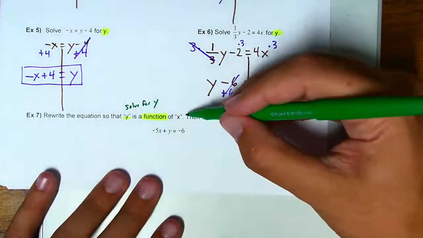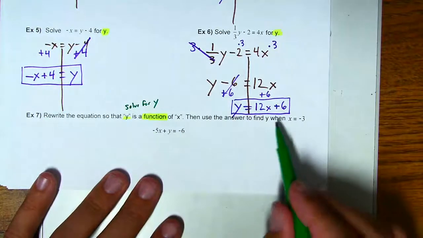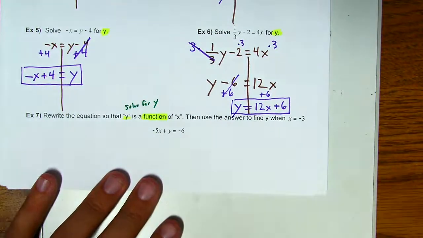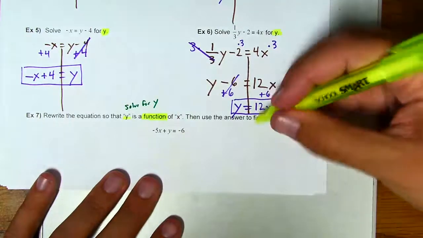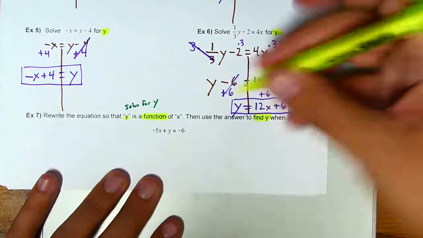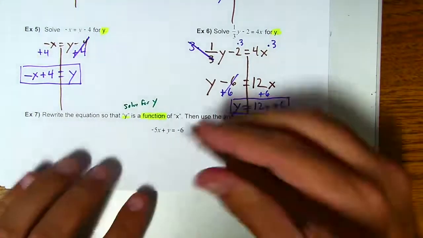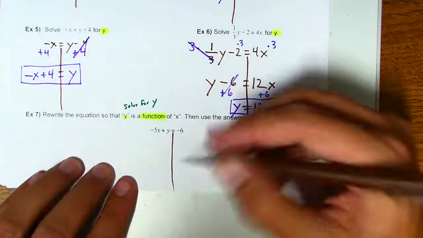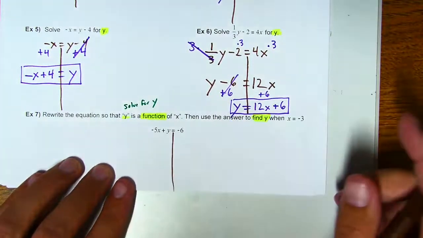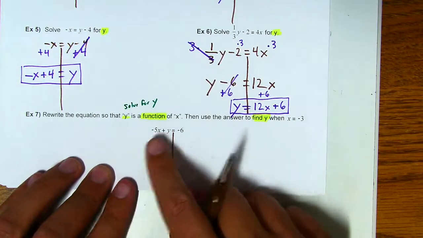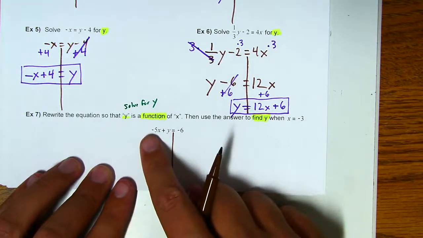Okay, then after we solve for y, we're going to do something with this over here. So first we're going to find y. That's our first goal right here. Solve for y. So to do this, we want to get our y alone. I'm going to start with this equation here. Is my y alone? No, I have a minus 5x.